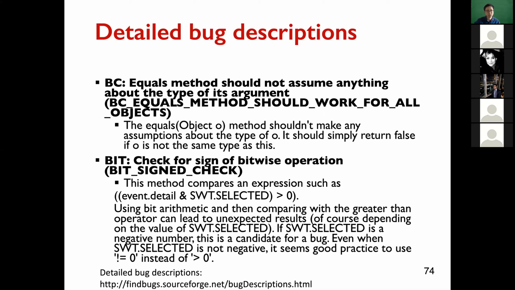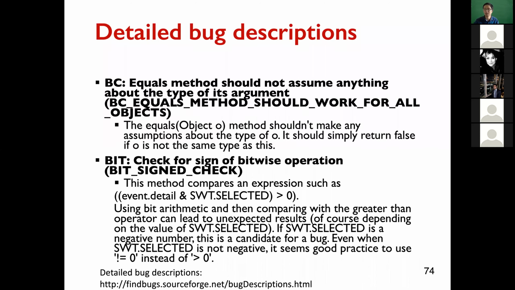For example, here you calculate the AND operation of two bits, and if you evaluate the result by checking greater than 0, there might be a problem. You should use a not equal to sign. In this case, if you make this bad practice, it may be flagged by the FindBugs tool. These are just some examples, and if you want the details, you can go to the link at the bottom of this page.